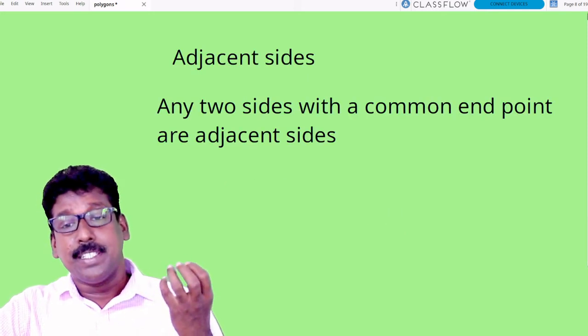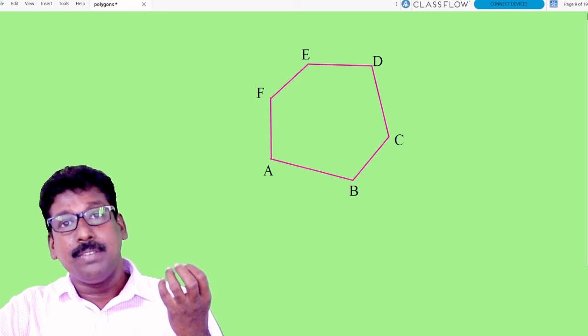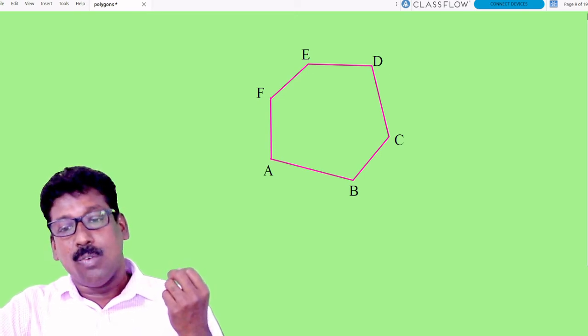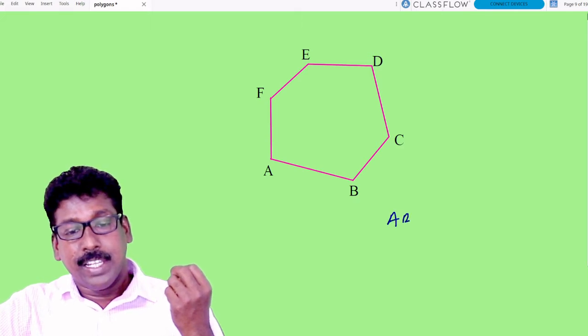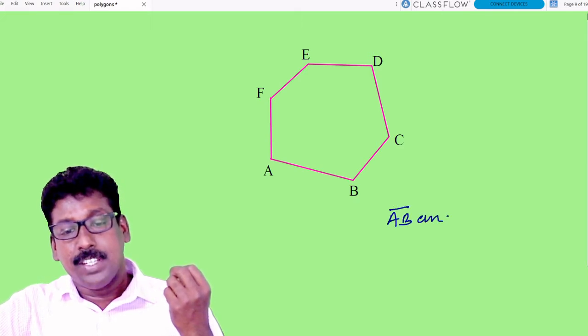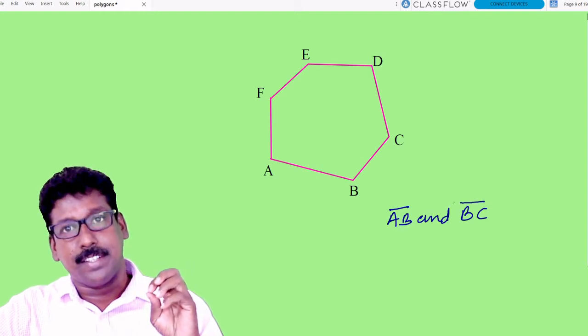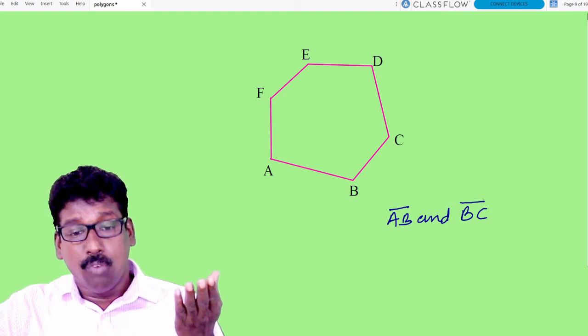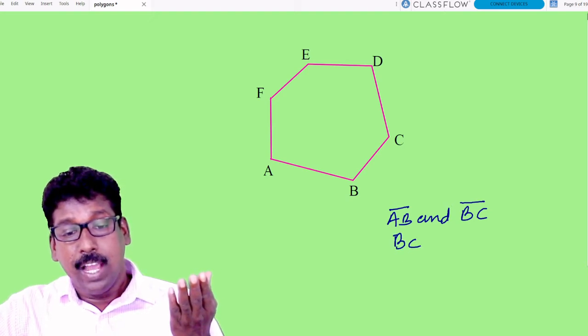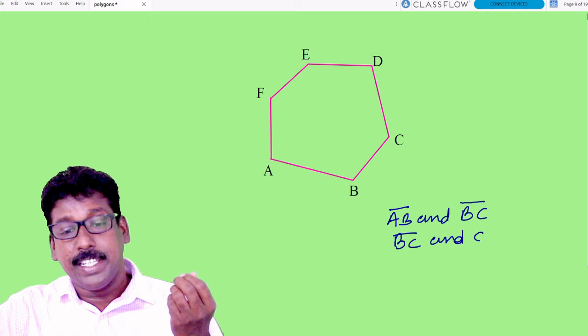Now let me take a polygon. Can you say what the adjacent sides are here? Okay, here AB and BC are one pair of adjacent sides. Can you say another pair of adjacent sides? Of course, BC and CD.